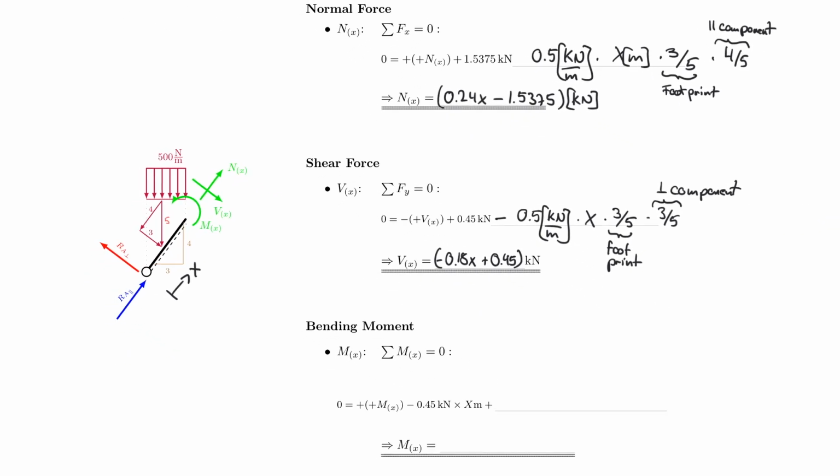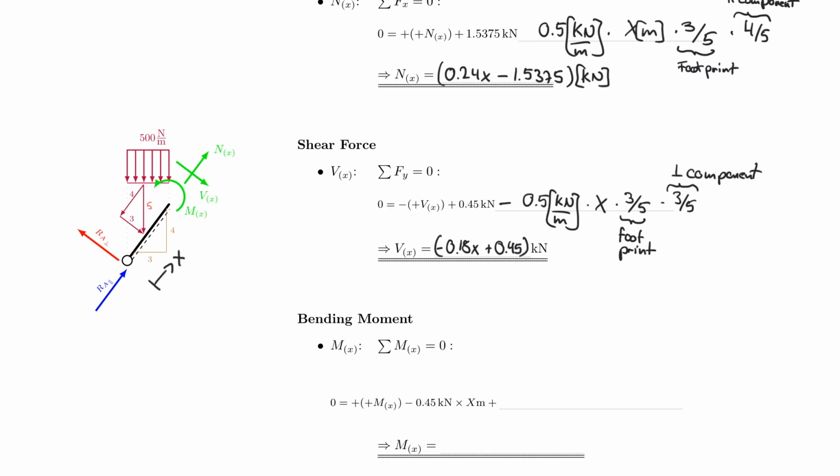And now I can move on to the bending moment, which of course is the integration of the shear force. So we can use the same logic there again. Let's do that. So counterclockwise positive, as always. And I already have included my moment here, which is turning counterclockwise. Therefore, it's positive. I have 0.45, which is this force here, times x, right? Because the lever arm, we're turning about this point here again, and x starts here.